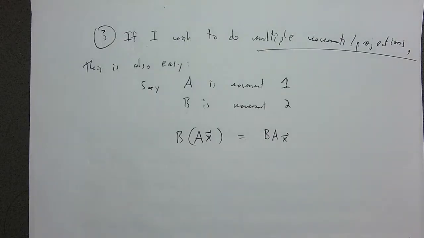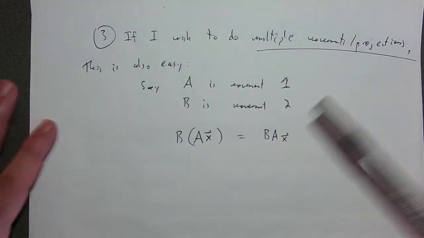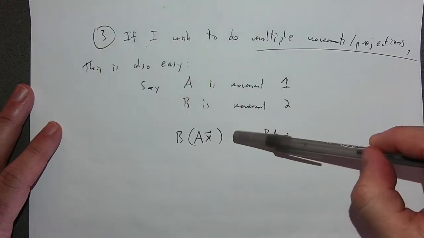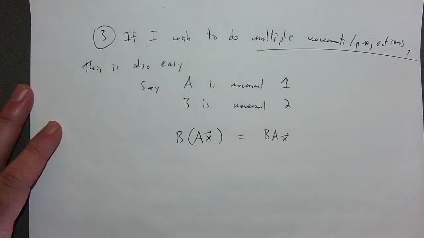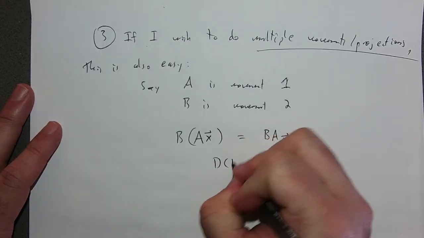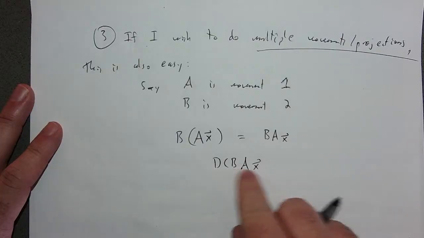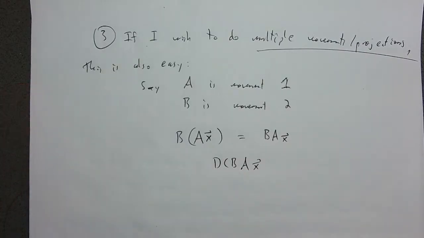The first thing is applied here, and then I'm going from right to left, so the most recent movement occurs furthest to the left. So DCBAx is the movement that does the A movement, then the B movement, then the C movement, then the D movement last. Okay, so this is just basic matrices as transformations.